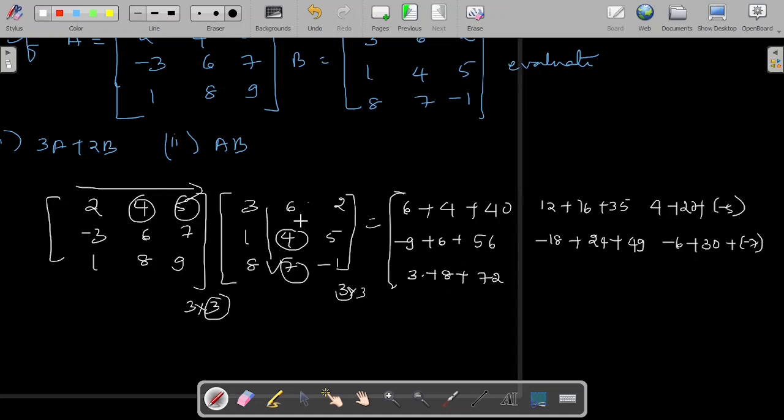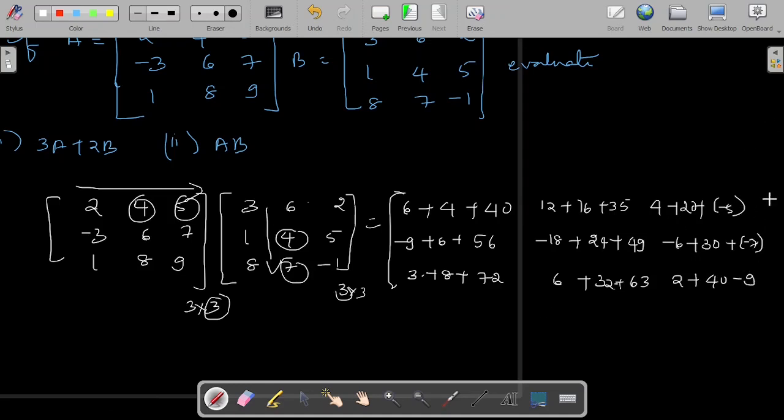Then third row second column 6 ones are 6, plus 32, plus 7 nines. Next, third row third column 2 ones are 2, plus 40.